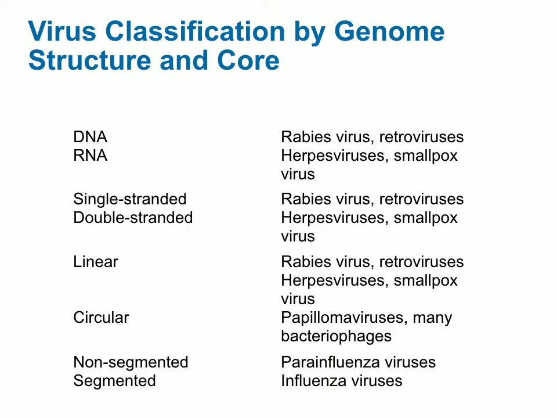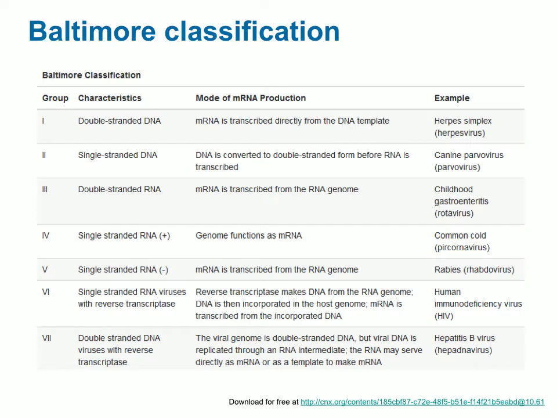So again, virus genome. Viruses have a very simple structure protein-wise, but the genomes can be complex. DNA, RNA, single-stranded, double-stranded, linear, circular, segmented, or non-segmented. I wouldn't expect you to know this Baltimore classification, but they classify viruses by their genome.